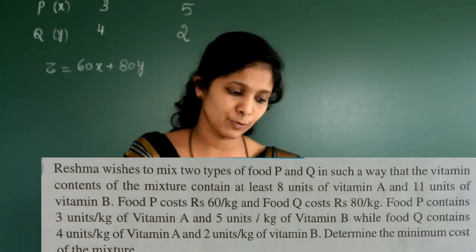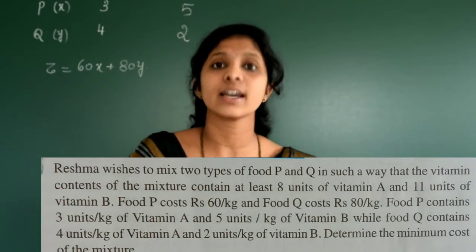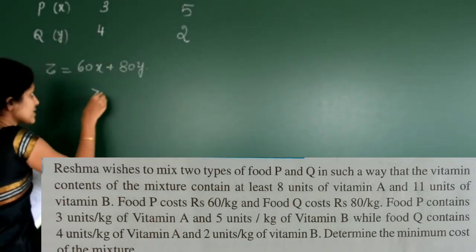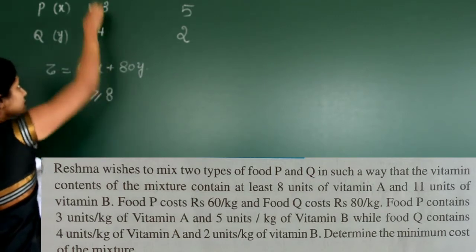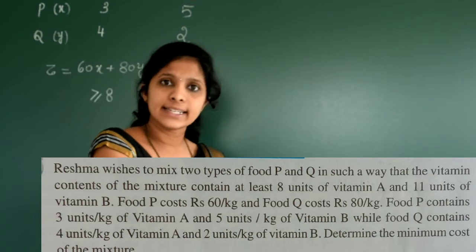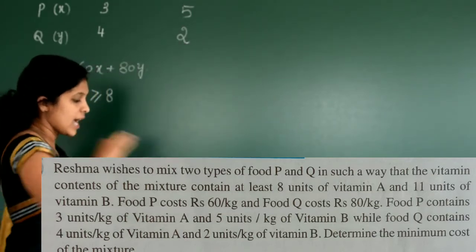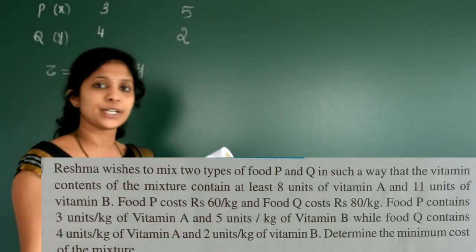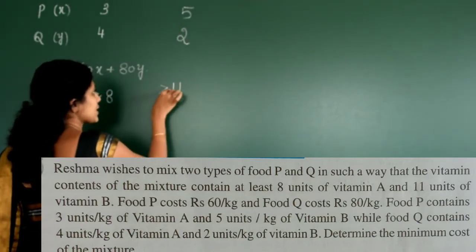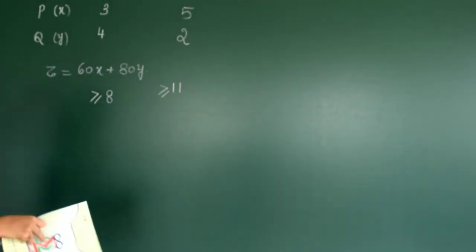The food mixture should contain at least 8 units of vitamin A, so this content should be either equal to 8 or greater than 8. So this will be greater than or equal to 8, and at least 11 units of vitamin B, so this will be greater than or equal to 11. I hope you understood this one.